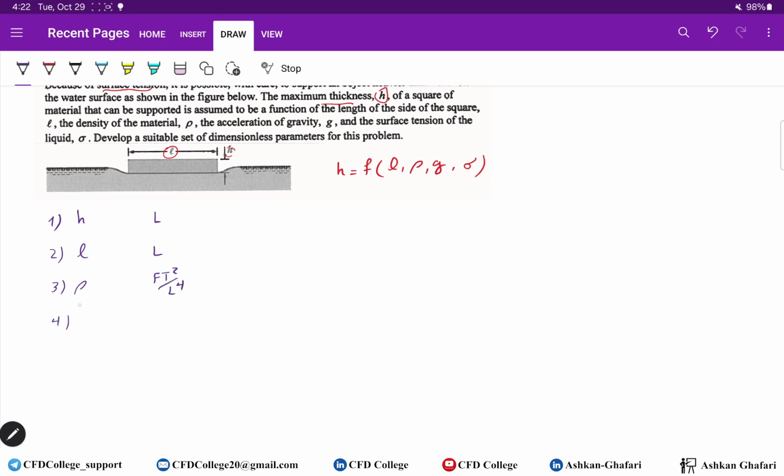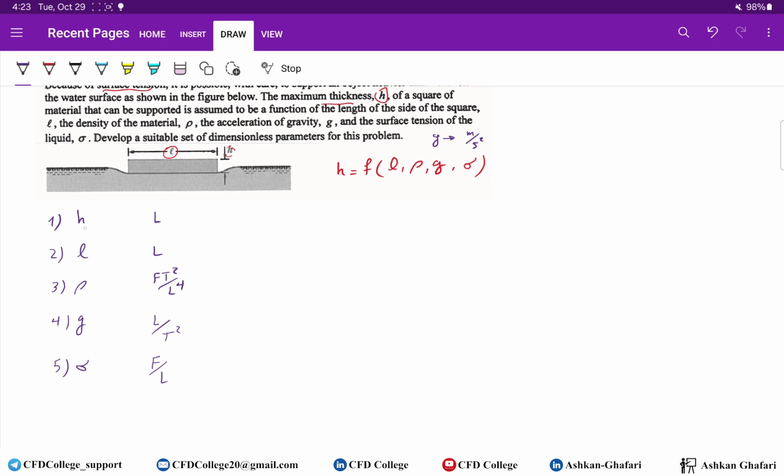The fourth one, gravity. As you know, gravity unit is meters per second square, so it's length per T square. And the last one is surface tension. I told you that the unit is force per length. Remember that surface tension is acting on the circumference, not the area.